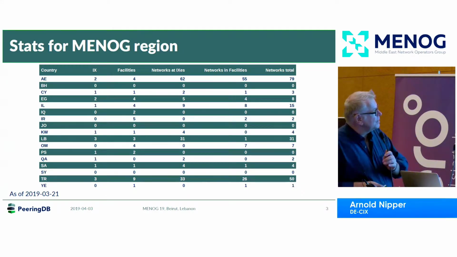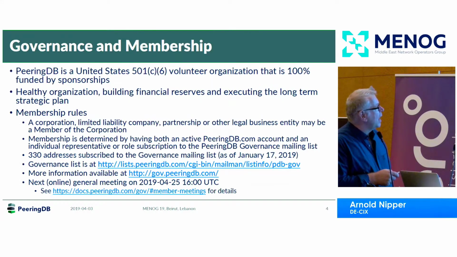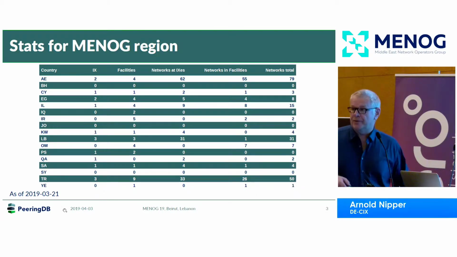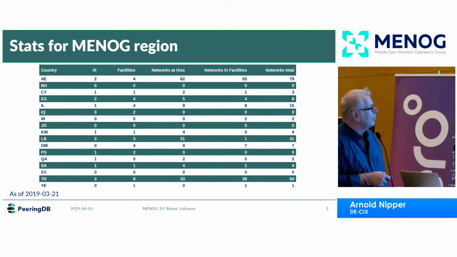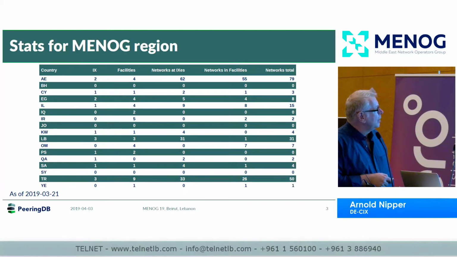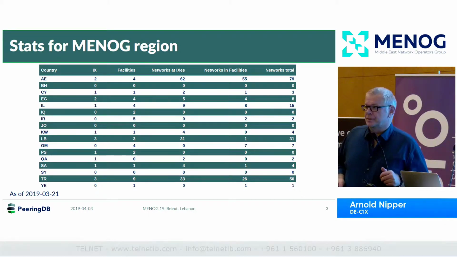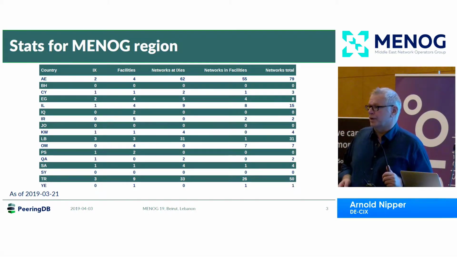And what we see is still a lot of countries where we don't have an exchange point, at least not in PeeringDB. For example, I know there might be one in Iran, but for whatever reason, they decided not to be there. We are also very strict in listing an exchange point in PeeringDB.